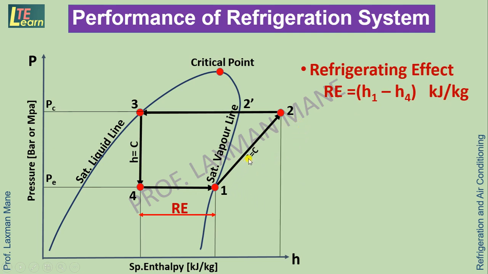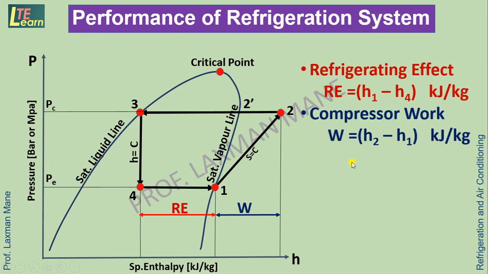In this, the compressor does work on the refrigerant. So the work done by the compressor during the 1 to 2 process is given as W equals enthalpy H2 minus enthalpy H1, in kilojoule per kg. Now, the performance of the refrigeration system, that is the coefficient of performance, is the ratio of desired effect divided by input.